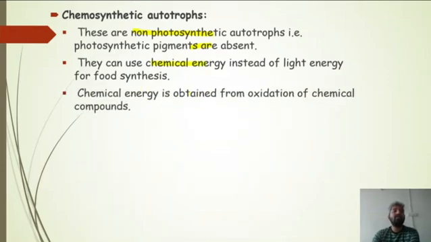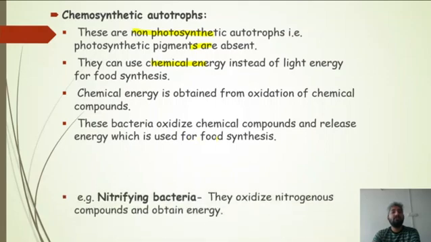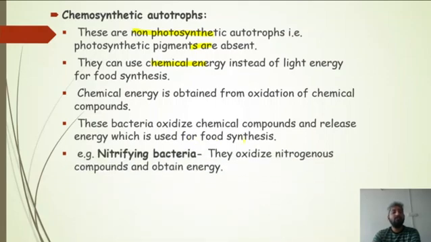The chemical energy is obtained from the oxidation of chemical compounds like ammonia, and some other ferrous substances, which provide chemical energy by their oxidation. These bacteria oxidize chemical compounds and release energy which is used for the formation of food.